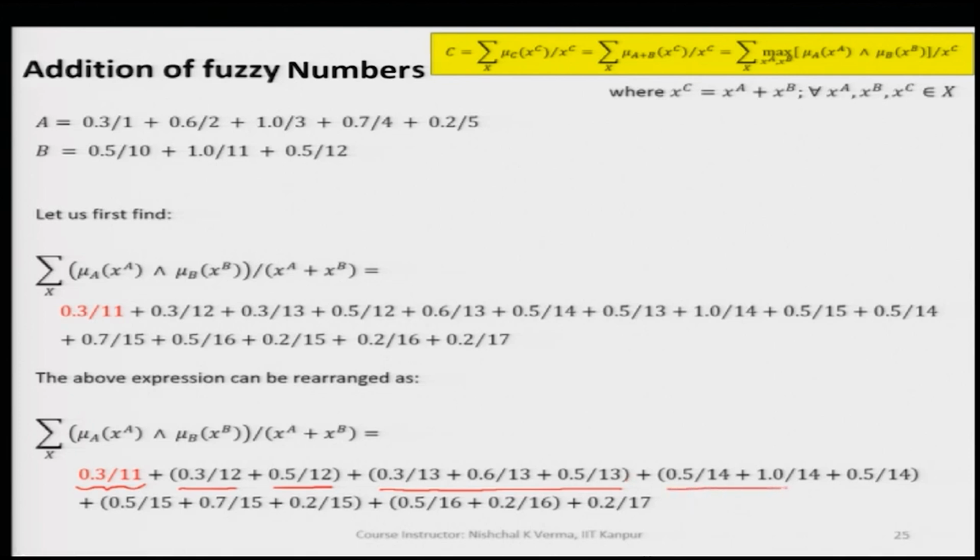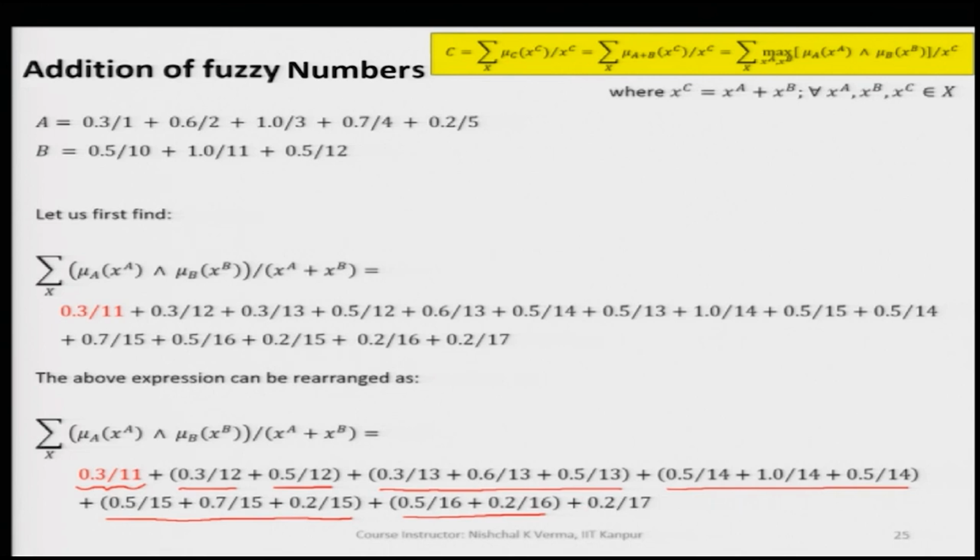For generic variable value 14, we have three terms, and here this also is being written together. Similarly, generic variable value 15, we have three terms and it is also written together, and here also for generic variable value 16, we have two terms, and finally, here as the last term we have for generic variable value 17 only one term, that is with 0.2 as the membership value.